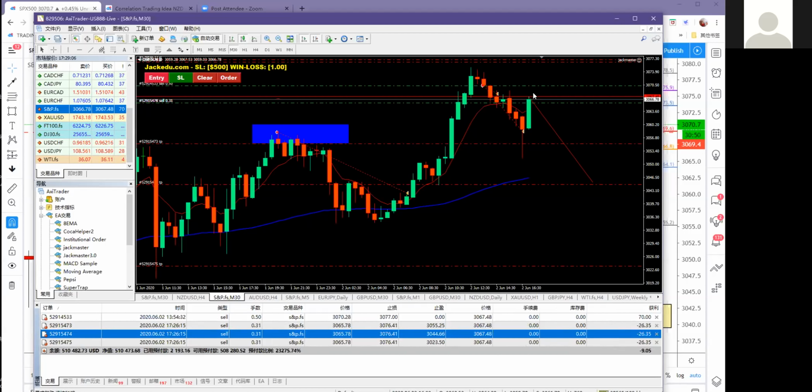And now I've already kicked in the price, so just wait for it. It either hits my stop loss and I just let it go and lose $500, or it will actually give me 1,000 profit or 2,000 profit.